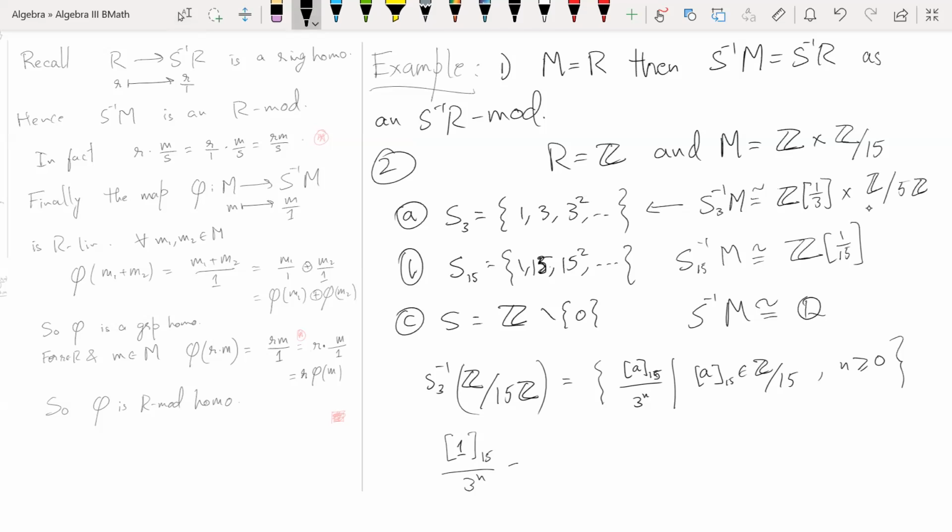So I think this should be okay: 1 over 3 power n should be the same as 1 over 3 power n prime. If we show this, then more or less we are done.